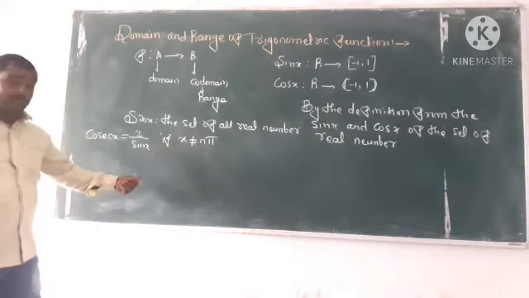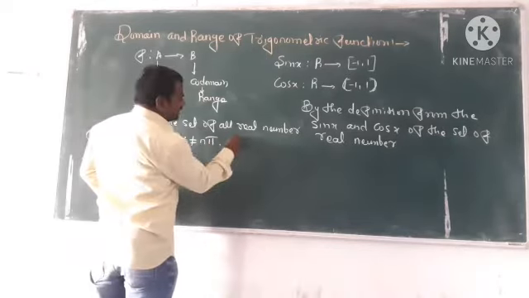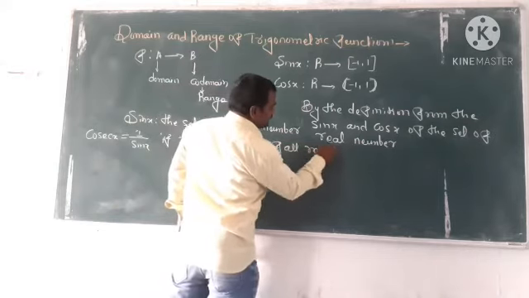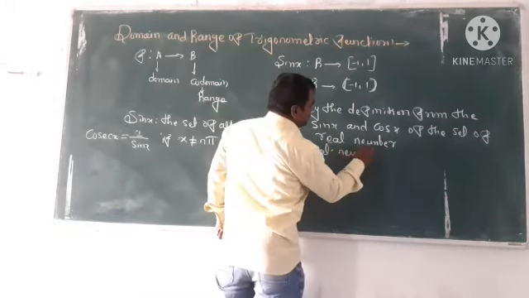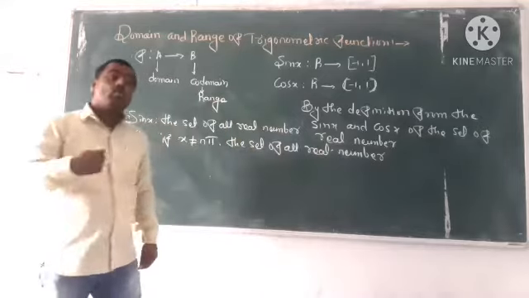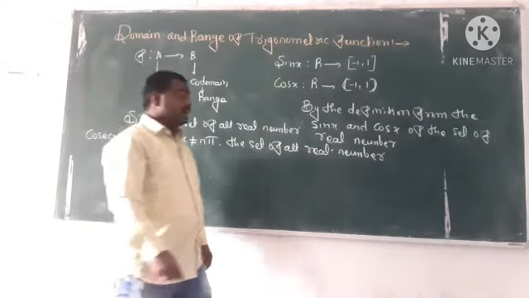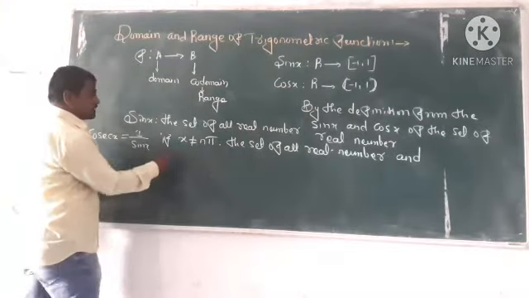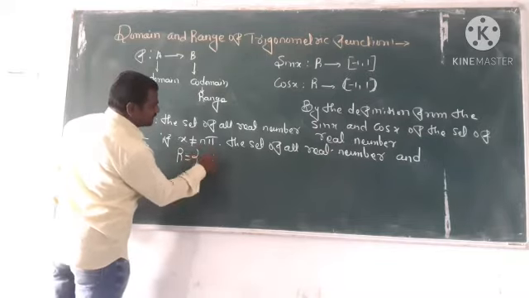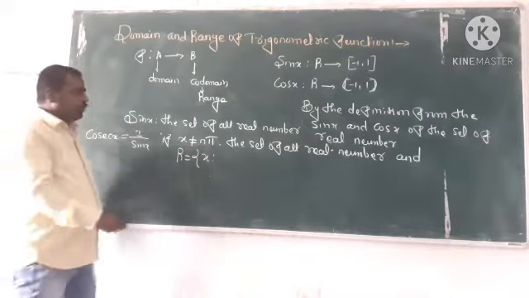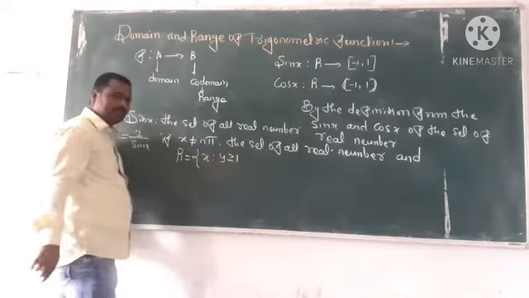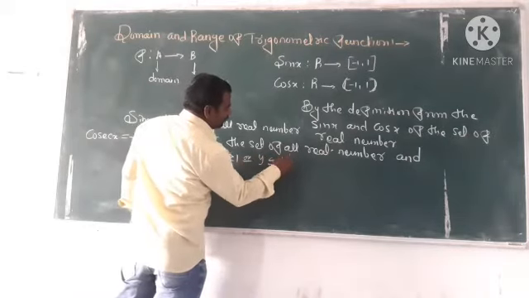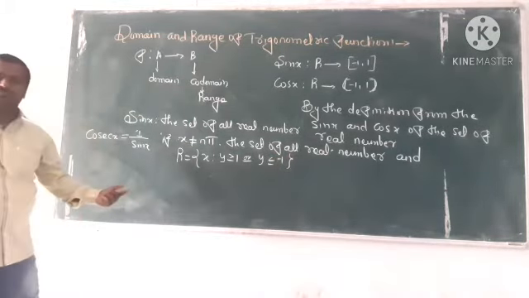So by the function, first you know the domain is the set of all real numbers except those. And what about the codomain? That is called the range. Most important, the range is R equal to {y such that y is greater than or equal to 1, or y is less than or equal to minus 1}.